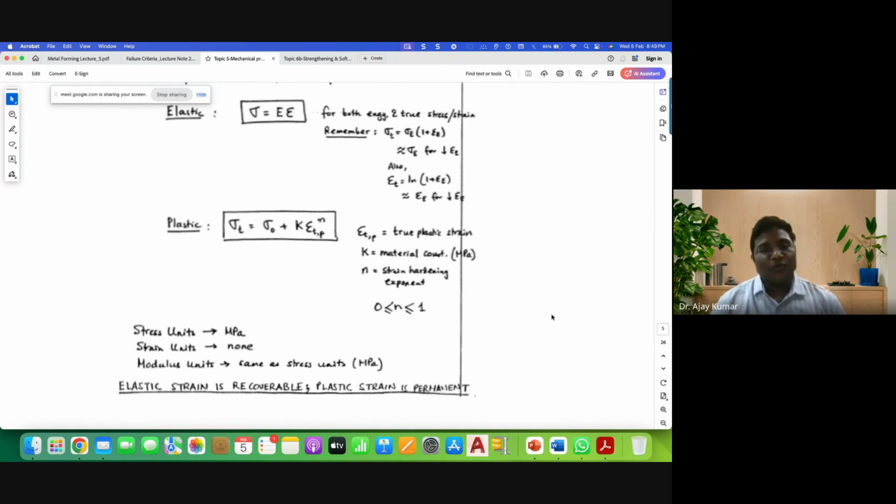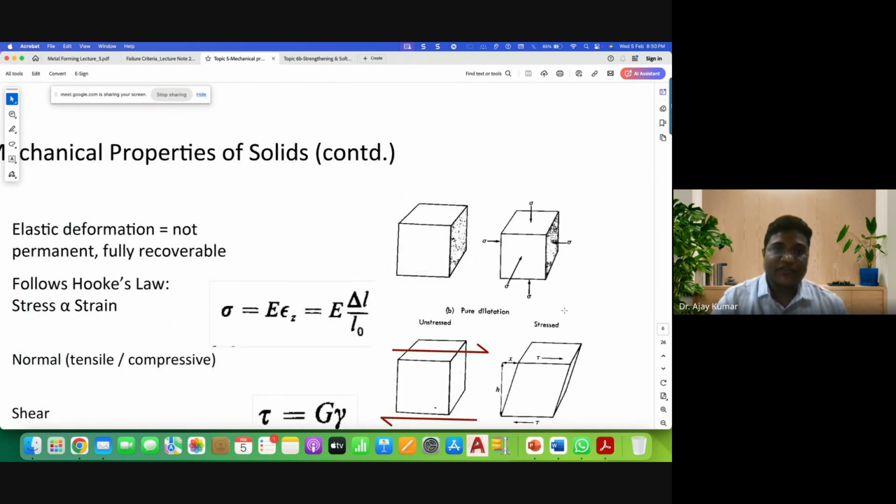When you are doing mechanical testing for metallic materials, you should know the elastic deformation and the plastic deformation. So sigma elastic and sigma plastic, and then you have to calculate the total deformation in the material. Elastic strain is recoverable, but plastic strain is permanent. That is what you have to understand.